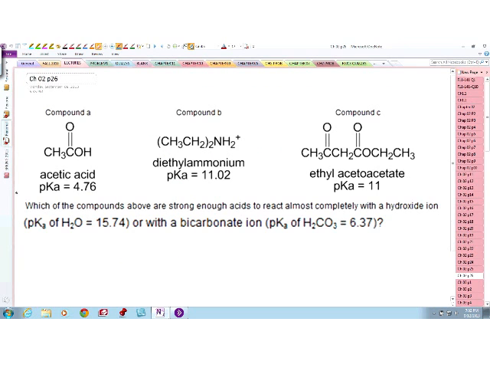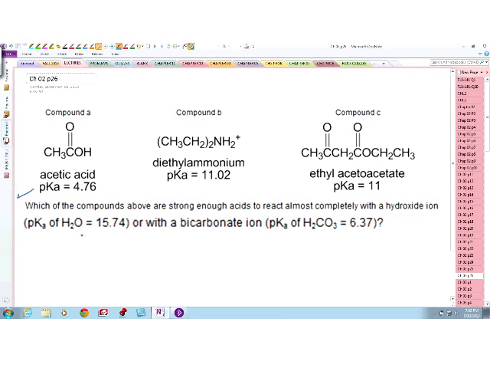Okay, Shante, can you read this for us? Which of the compounds above are strong enough acids to react almost completely with hydroxide, pKa, or with a bicarbonate ion. Thank you.